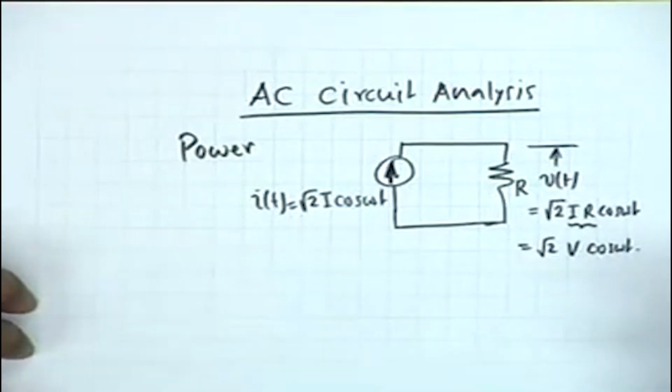The corresponding phasors are I at 0 degree and V at 0 degree.